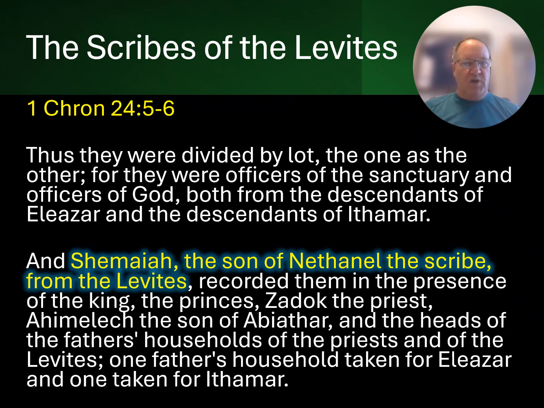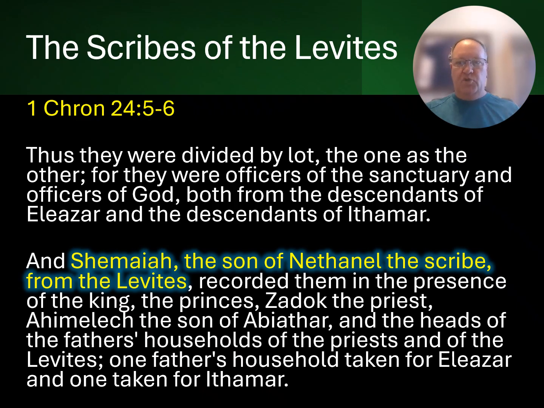And so in 1 Chronicles 24, verses 5 and 6, we read, "And thus they were divided by lot," that's the Levites, "the one as the other, for they were officers of the sanctuary and officers of God, both from the descendants of Eleazar and the descendants of Ithamar."